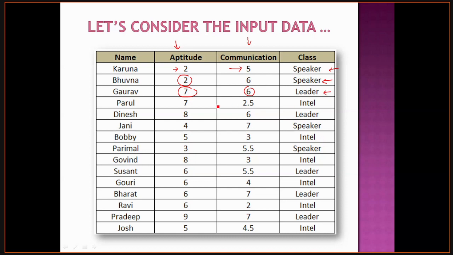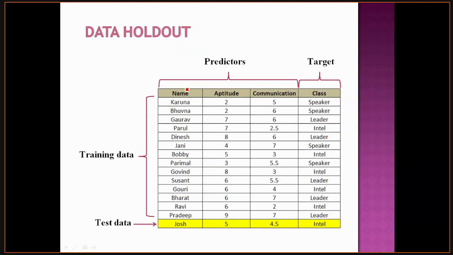So like this, we have a bunch of students whose aptitude and communication values are known, and there is a class also which is known. Now, mind one thing: we call all these three features, name, communication, and aptitude, as predictors, and this feature class as the target variable.